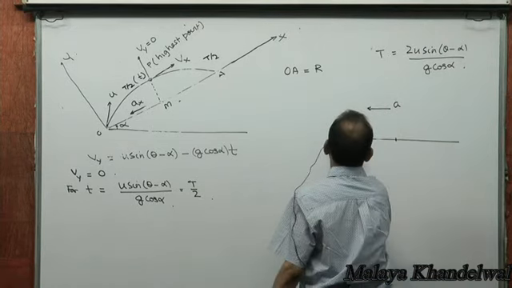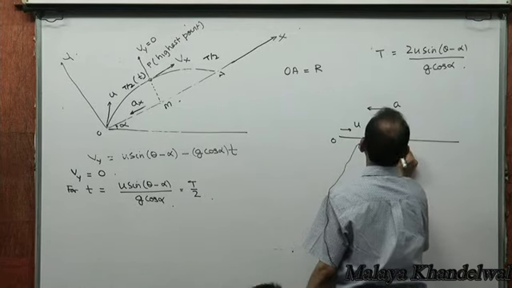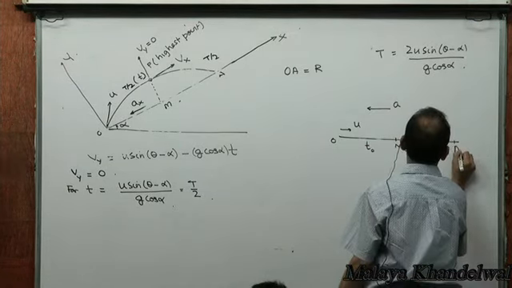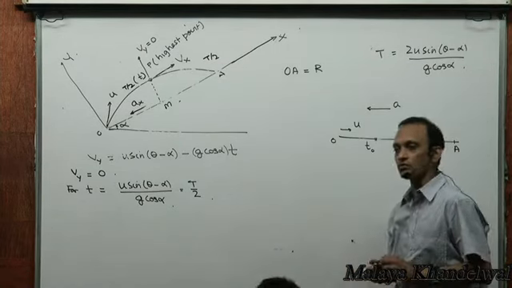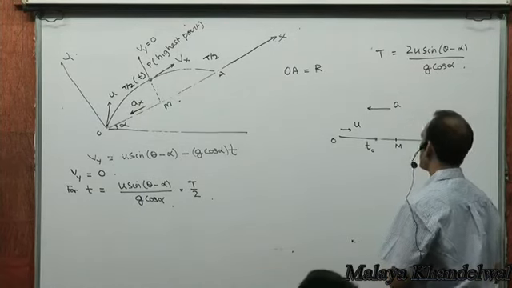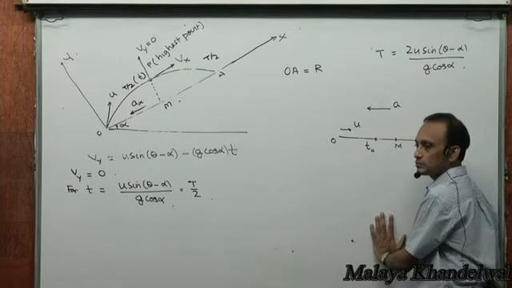Now, in, let's say, t0 seconds, the particle goes from O to m, and then from m to a in another t0 seconds. Now tell me whether OM will be more or MA will be more.